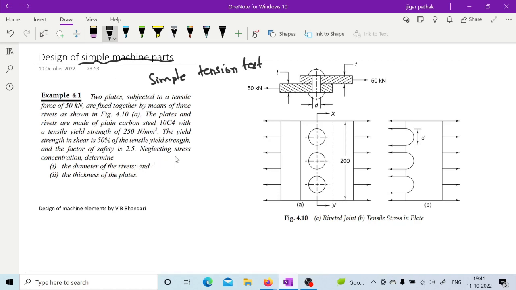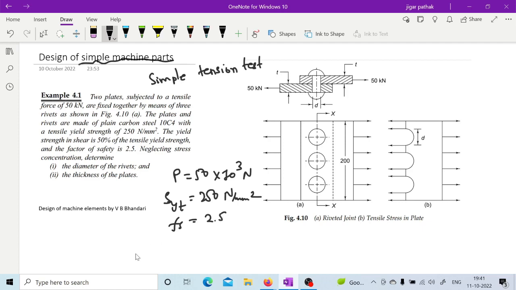So what is given to you is this force, which is 50 into 10 raised to 3 Newton, right? Then the yield strength is given as 250 Newton per mm square. Then the factor of safety is given as 2.5, right?